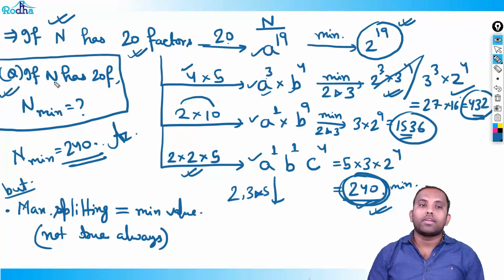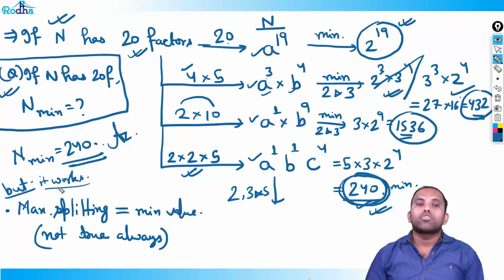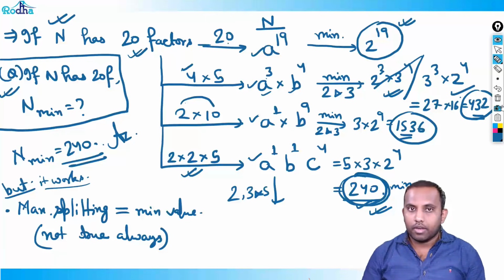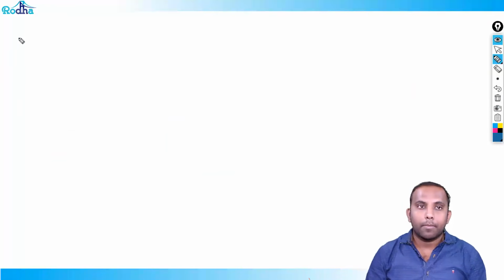If n has 20 factors, n minimum is 240. Now we're discussing this concept of maximum splitting equal to minimum value. Not always true, but it works in most of the cases. Suppose for the next, let me take an example here.